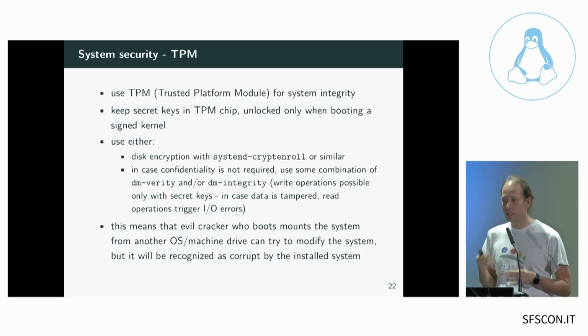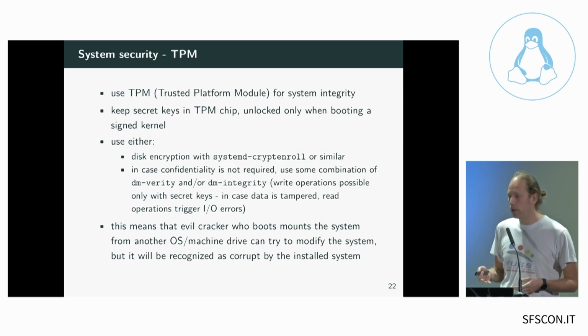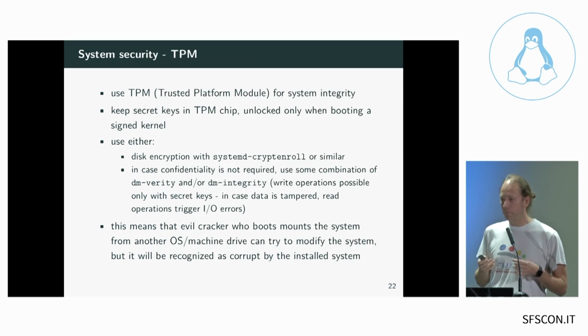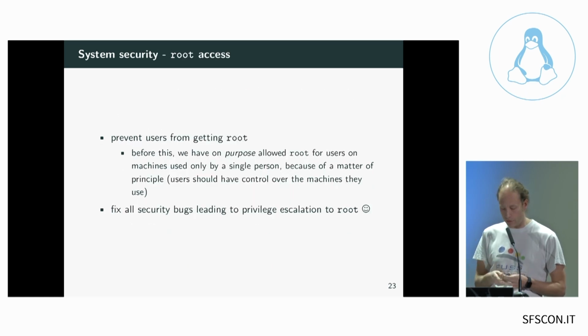And then we could use disk encryption, which is good for home directories, but the whole system doesn't need encryption or confidentiality, so we could use DM-Verity or DM-Integrity, where basically the data is written with a secret key, and it means that if some evil cracker boots the system with a USB drive with another operating system, he can try to modify the system, but it will be recognized as corrupt by the actual system.